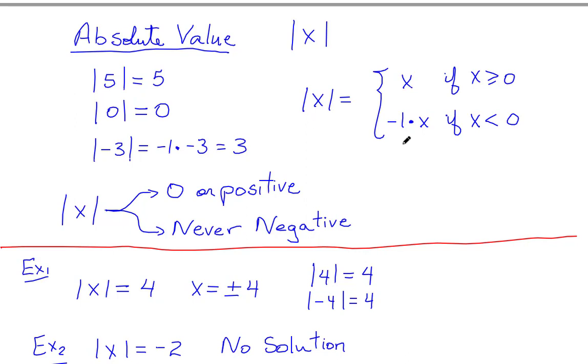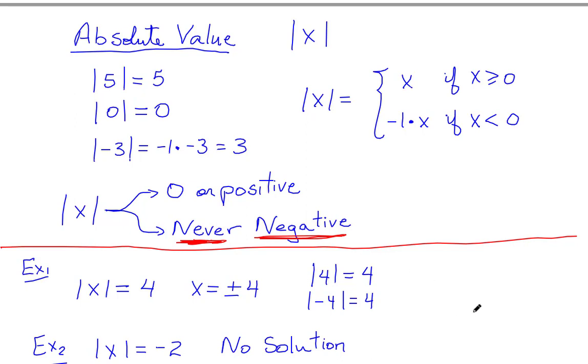Now, an important thing to see here is the absolute value of a number is always 0 or positive. It is never negative. That's not possible. Absolute value always gives you 0 or positive.